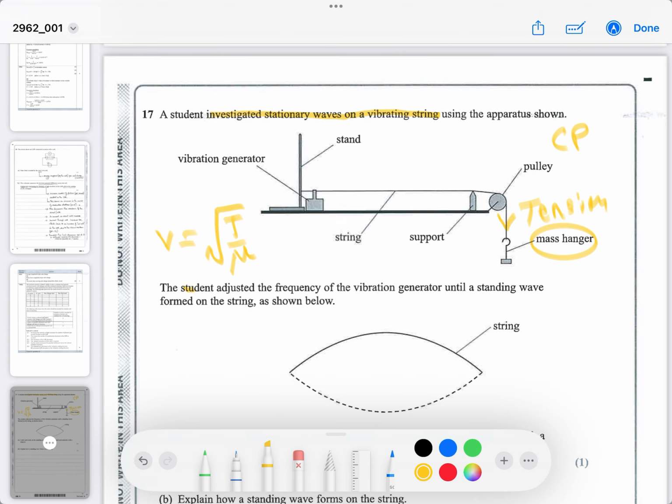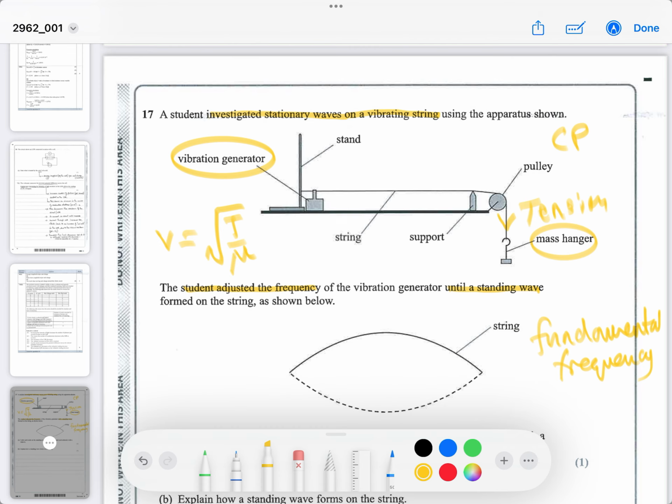Okay, so the student adjusted the frequency of the vibration generator, so it's got a frequency control on it, until the standing wave shown was created. So this standing wave is the fundamental frequency. And this is the frequency of excitation for this string, for this fixed amount of tension.